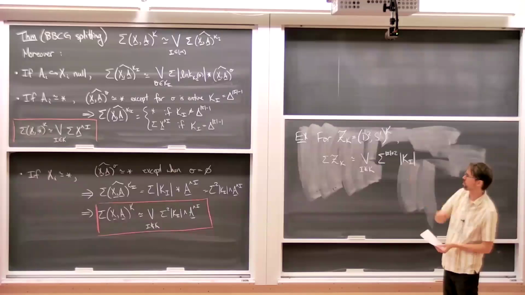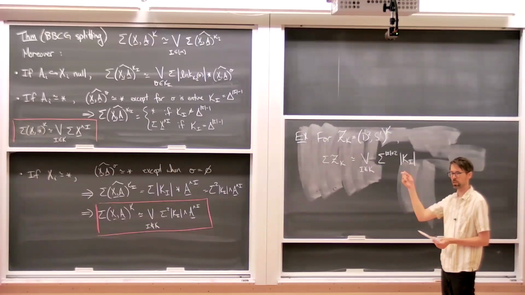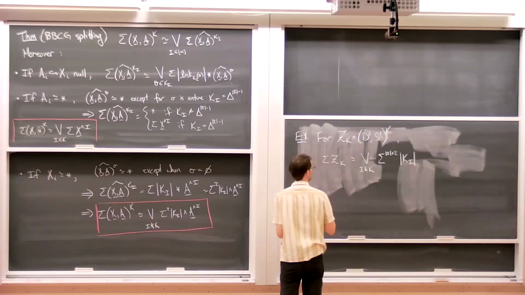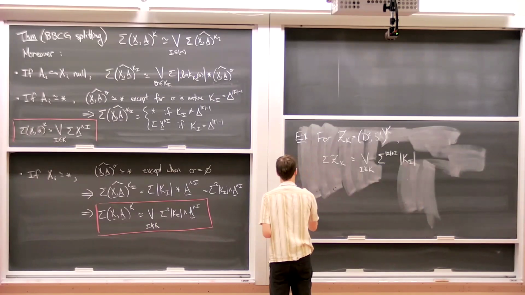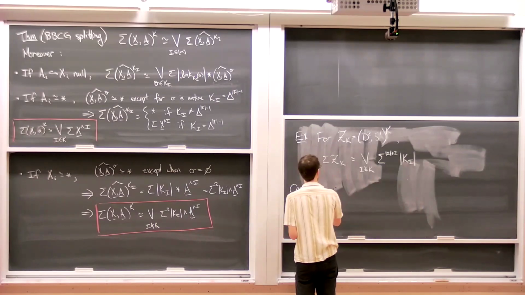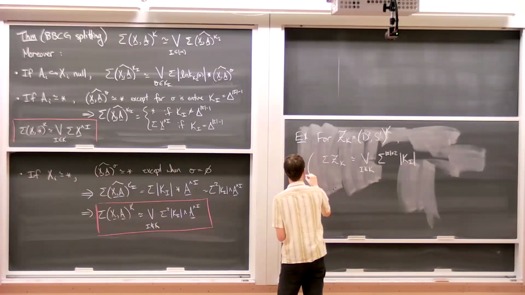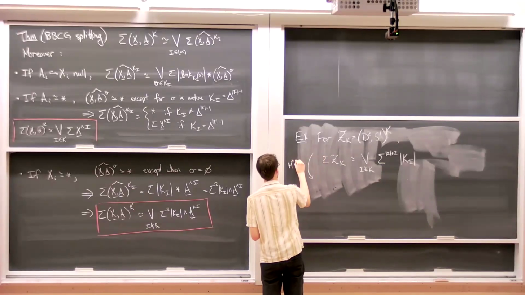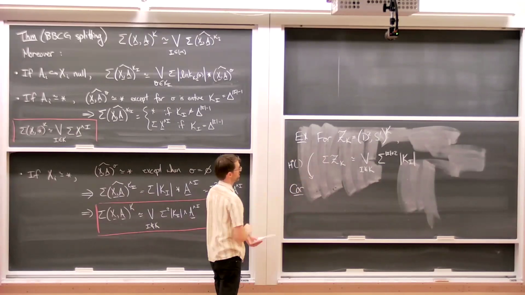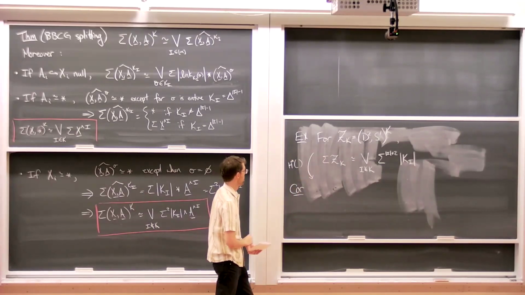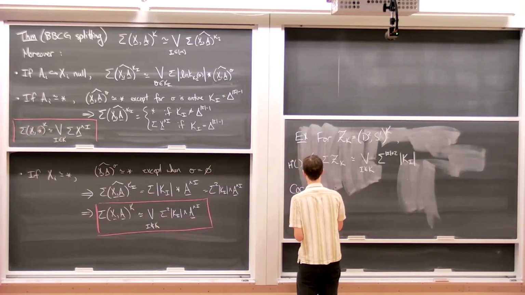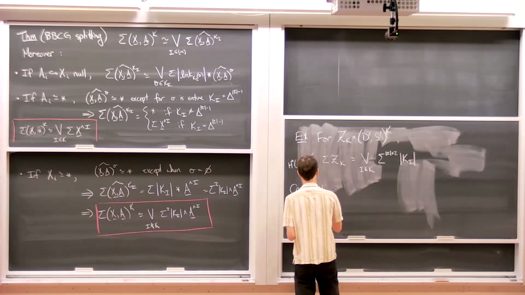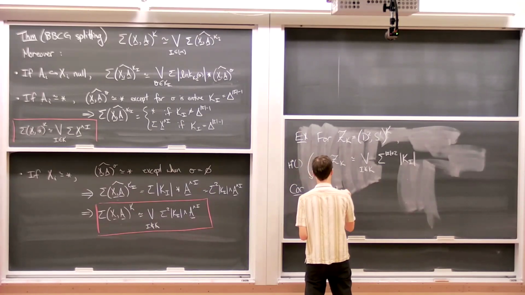So now you can see why Hochster's formula is recovered as a very special case of this general stable splitting. So, corollary: just take homology of this splitting here, and we get the Hochster sum.